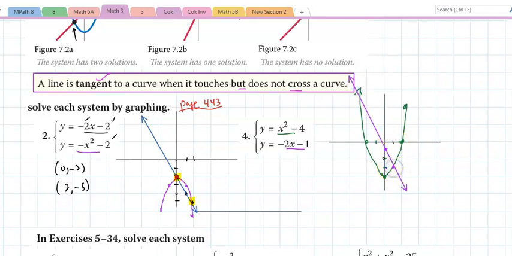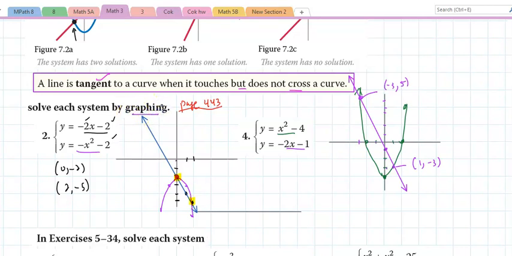I know this point seems to be the solution. That point right there seems to be (1, -3). Okay, but what do you think this other point is? Isn't that point very hard to find? (-1, -2). It looks like -3. It looks like 5 or 6. Again, the point here is to show you that graphically this is very hard to do.